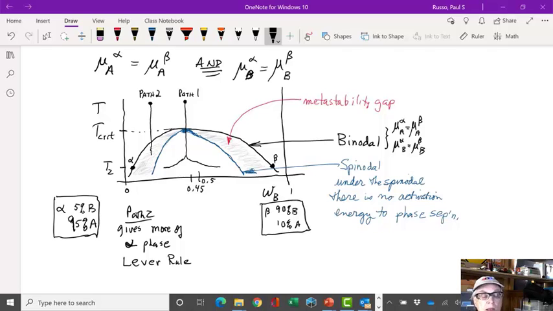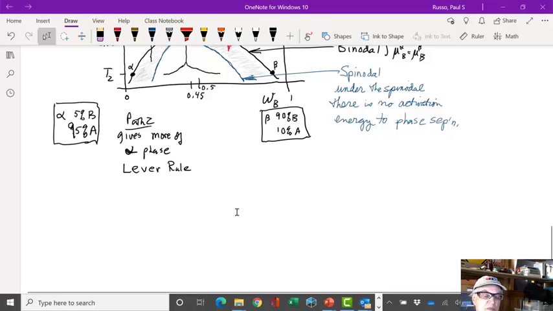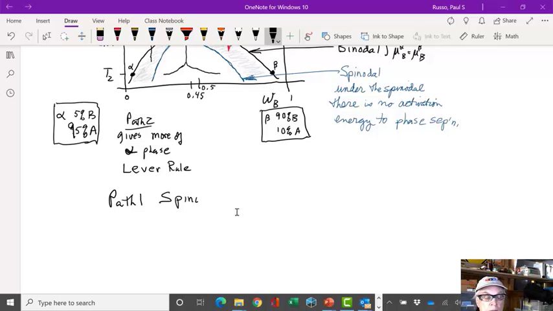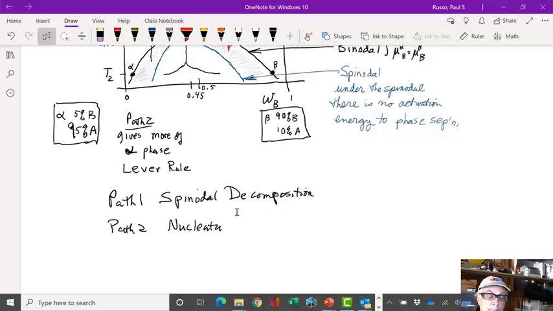Okay? When a system undergoes path 1, it goes underneath the spinodal. And this is going to be a spinodal decomposition. And path 2 is what's called nucleation and growth.